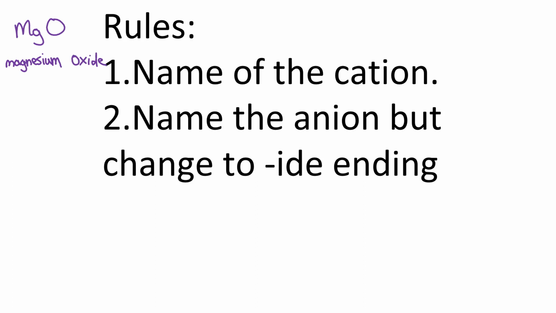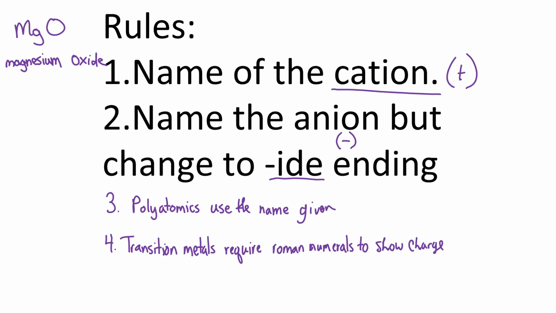Now, that works great for just regular binary ionic compounds that are main group elements. There's 2 other scenarios that can happen. What happens if a polyatomic ion's involved? So I'm going to stick with magnesium.